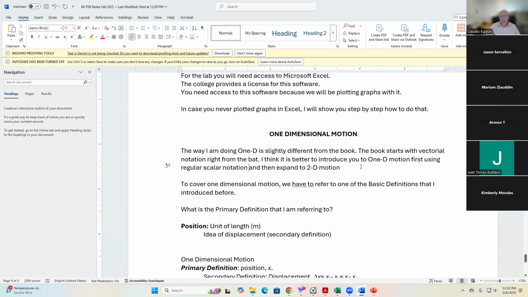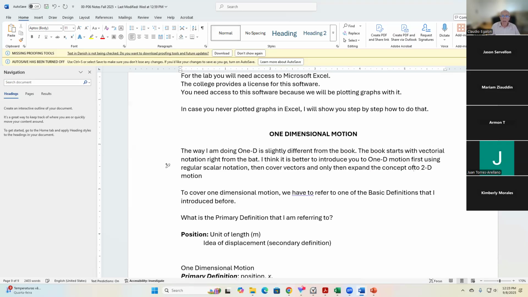I think it's better to introduce you to 1D motion first using regular scalar notation, then cover vectors, and only then expand the concepts of 1D motion to 2D motion.